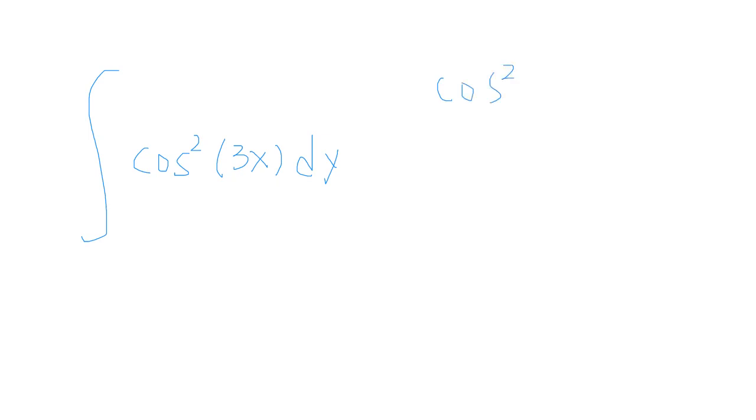So we want to use the formula cos square x equals 1 plus cos 2x, over 2. Okay, so this is the key. The angle from x changed to be 2x.